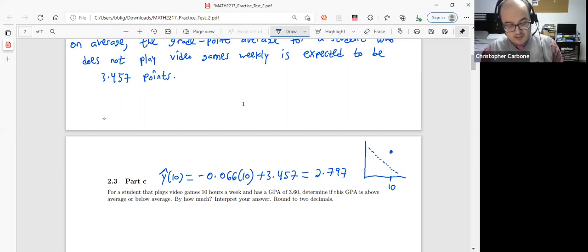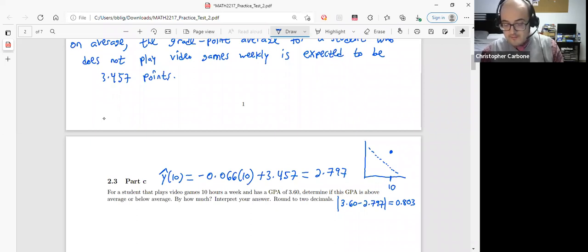To find how much it's above it, this will be the absolute value of 3.60 minus 2.797. And that would give us 0.803. So the residual, or distance between the average value to what the point is, according to this, is 0.803.